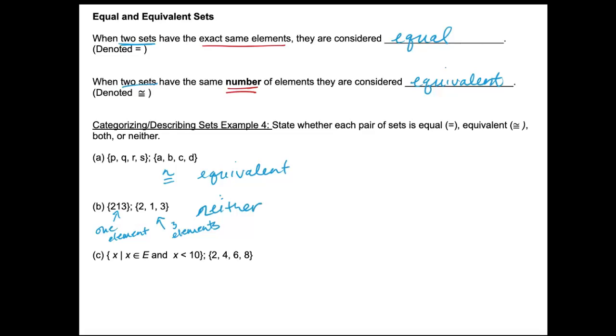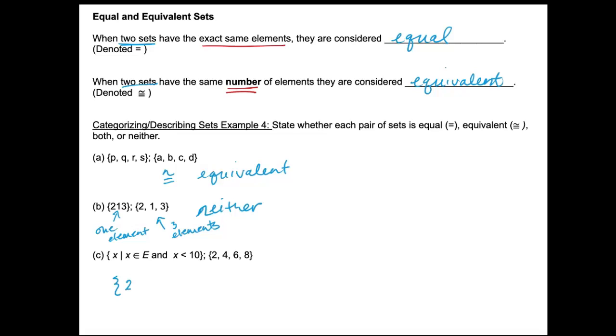And then lastly, we have set builder notation. So all values of x such that x is E, so remember what E means. E stands for even natural numbers, and the number has to be less than 10. So let me list that out. I'm going to just list out the even natural numbers where x is less than 10.